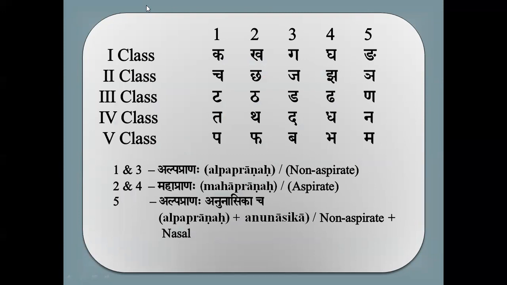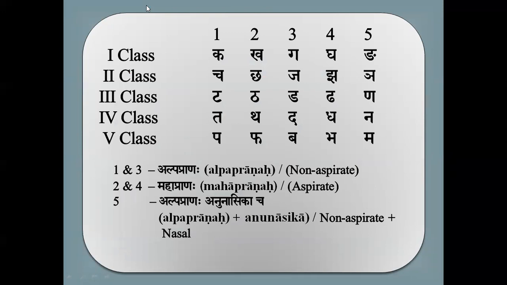So alpa prana, mahaprana, anunasika. These are the words you have to remember. Any doubt in this? Alpa prana, is it clear now? If more prana is involved, it is mahaprana. If less prana is involved, it is alpa prana. Alpa means a little. Nasika is nose. Anunasika means along with nose.